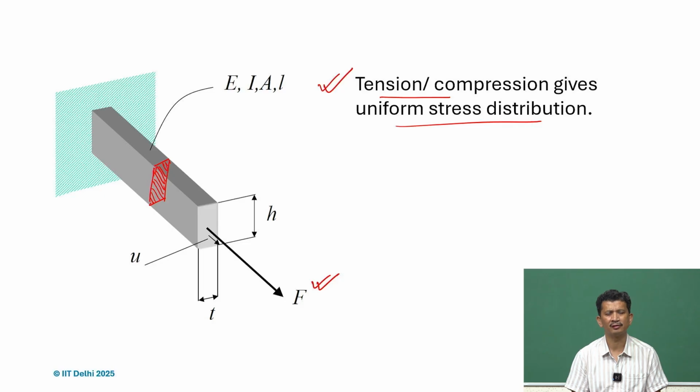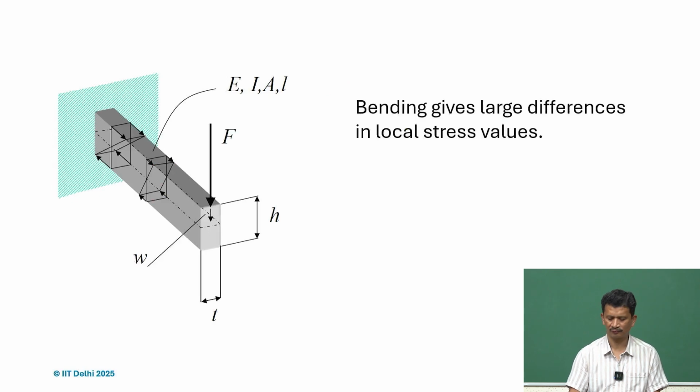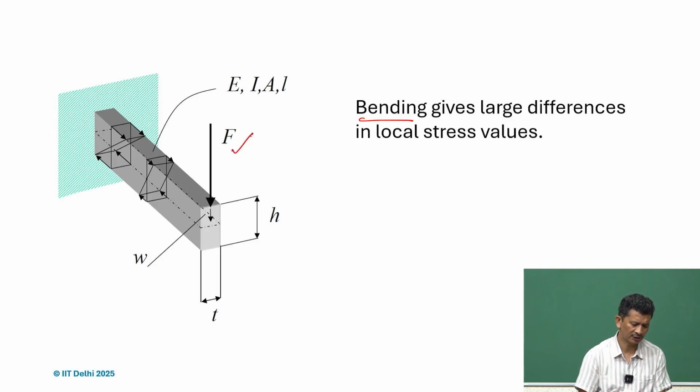So, we want to have longitudinal forces coming on the members, and that is why when we are looking for high stiffness, we want that on the links or the elements, the forces should be in the longitudinal direction. On the other hand, if there is a bending load, so if there is a force acting at the end in this case, there will be bending load, and because of that we observe that the stresses are not uniform.